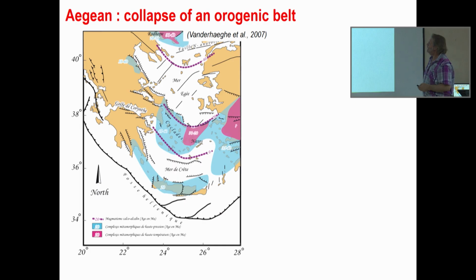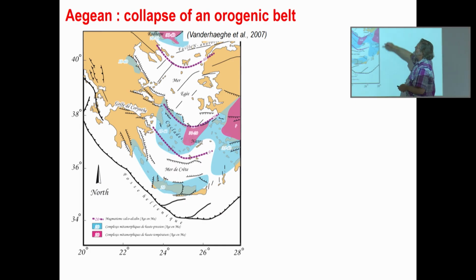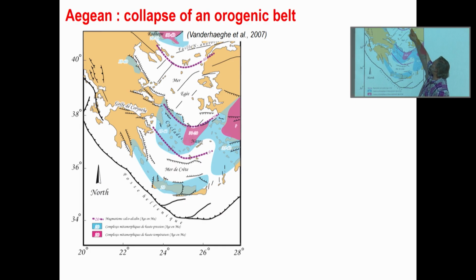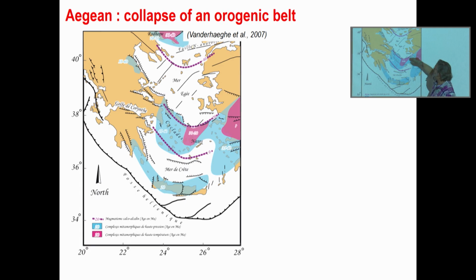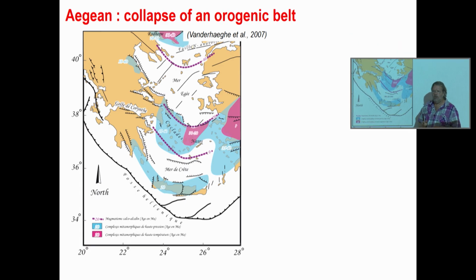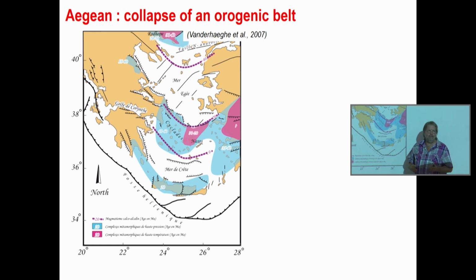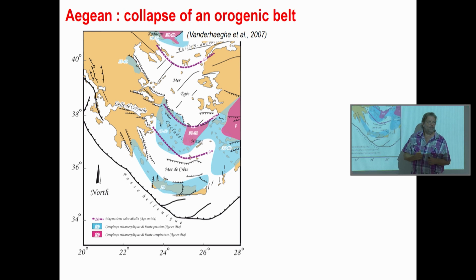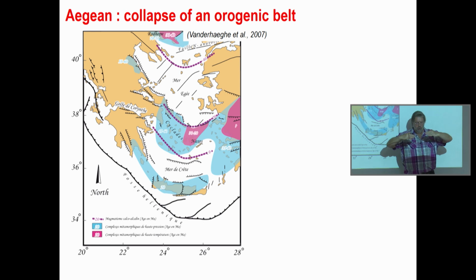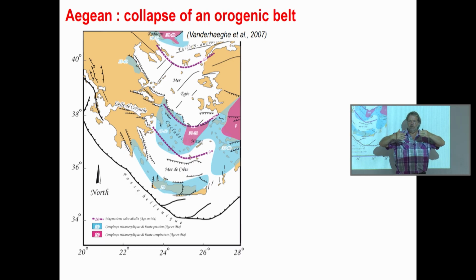That's for the setting. Yeah, that was the first evidence for retreat. This purple dotted line represents calc-alkaline magmatism. And calc-alkaline magmatism is typically associated with subduction. And you know that arc magmatism requires the plate to be subducted to a depth of about 100 kilometers, which controls the amphibolite-eclogite transition.